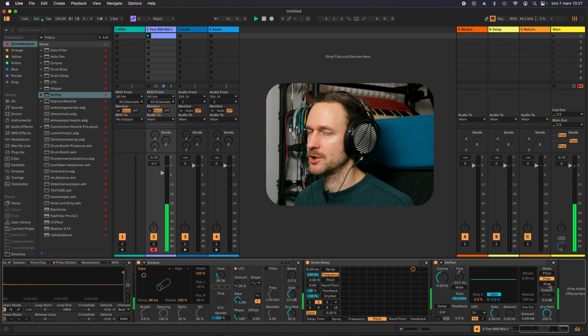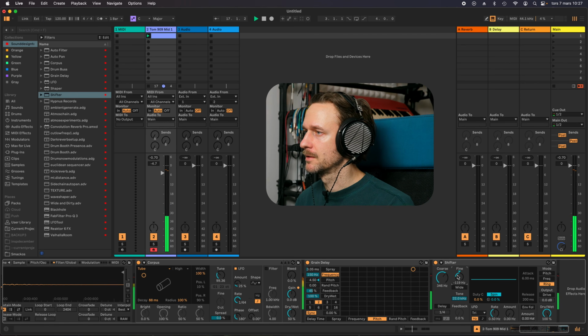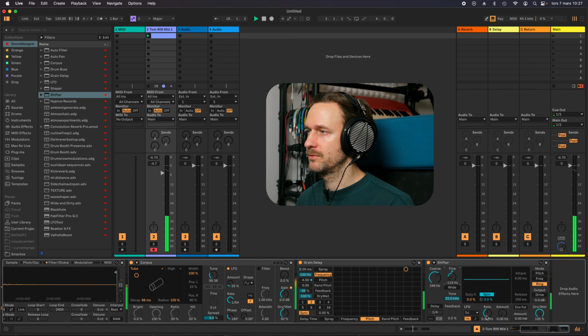And we go into the ring modulation mode. We get some additional tonality going on, which is also really fun to play around with. You can use the LFO for some really freaky sonic action here.